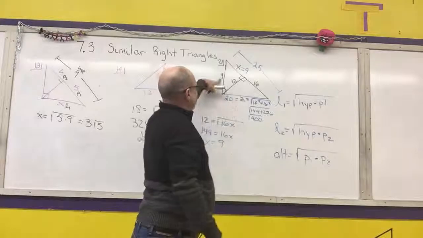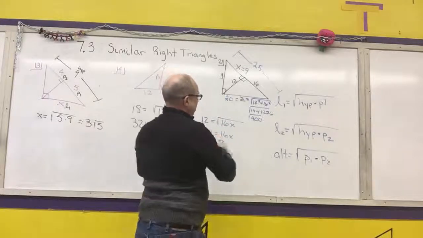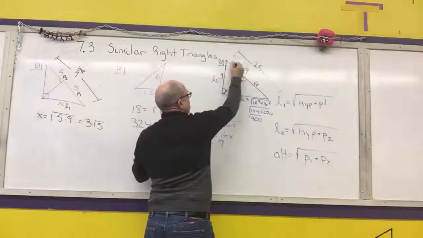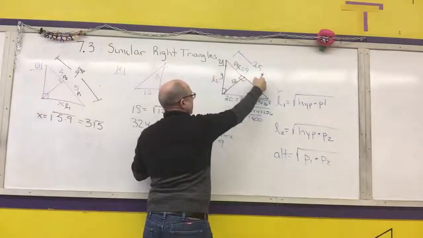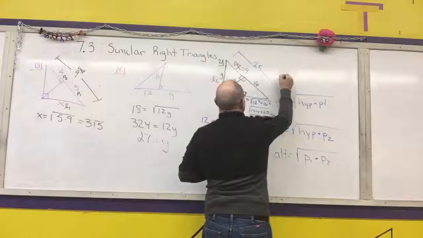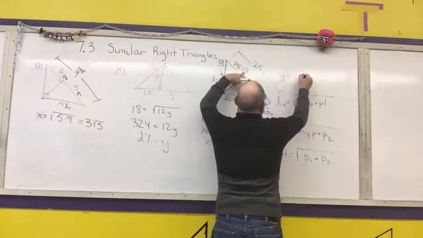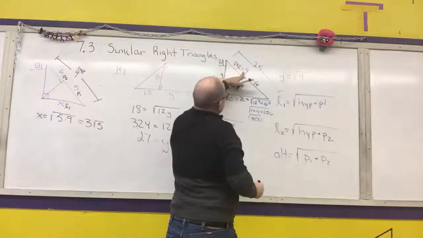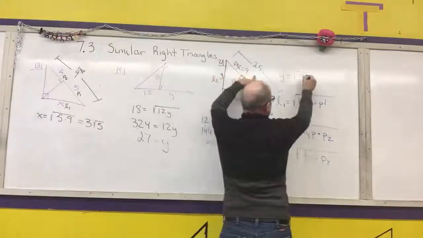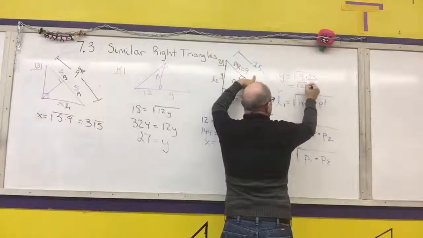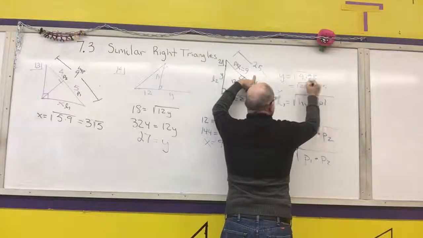Or I can use this one. I know that L2 is equal to the square root of P2 times the hypotenuse. So y is the square root of 9 times the hypotenuse, which is equal to the square root of 225, which is in fact 15.